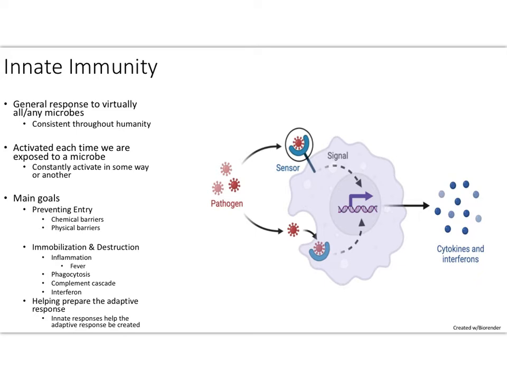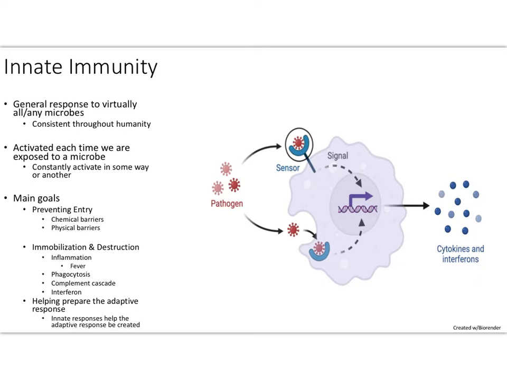Basically, every single person on the planet, in the absence of some kind of genetic difference, has the same type of innate immunity. It's a general immunity because it responds to microbes the same way every single time that it is activated, which is pretty much all of the time because we are always in the presence of microbes.